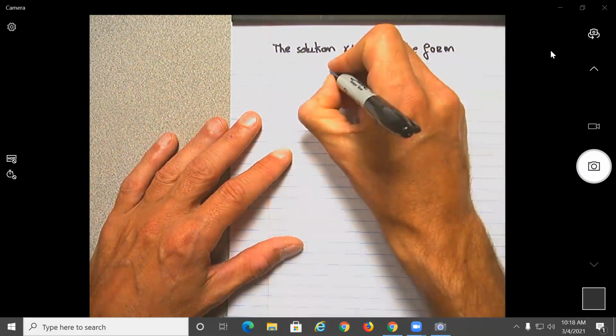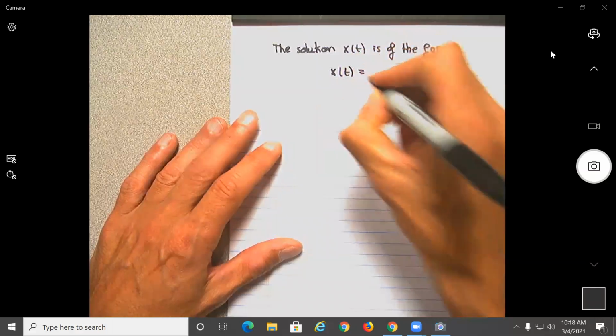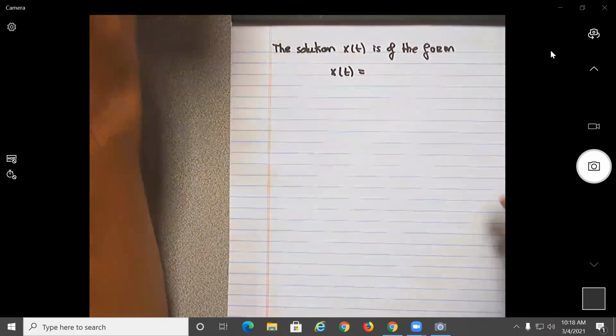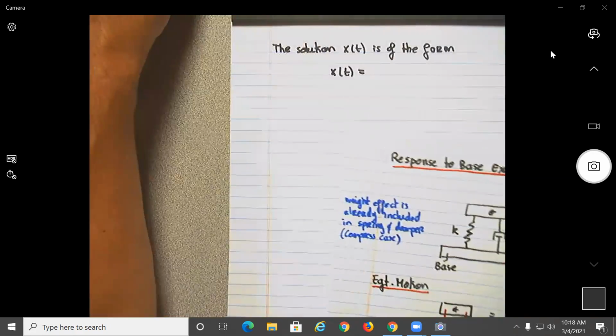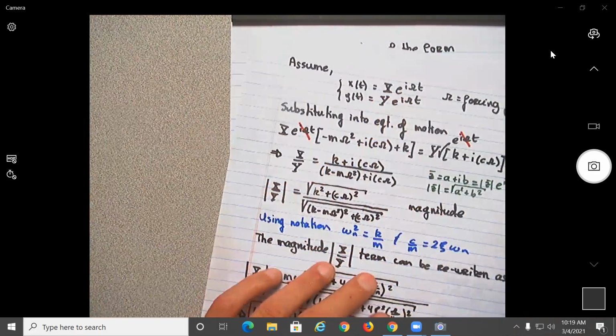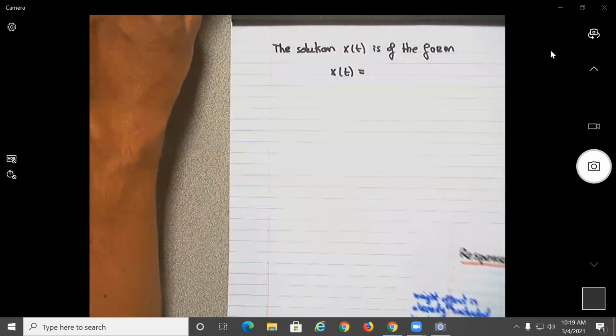So what did we assume for x of t? We say x of t will be equal to, probably on the second page, capital X e to the i omega t, no? So we need to go to the assumed solution.